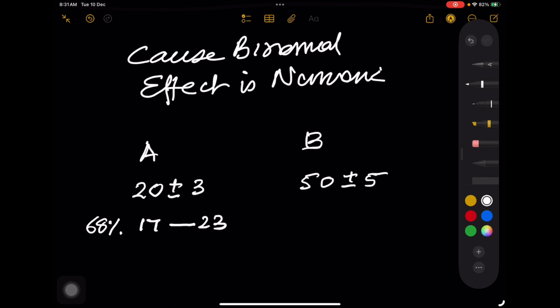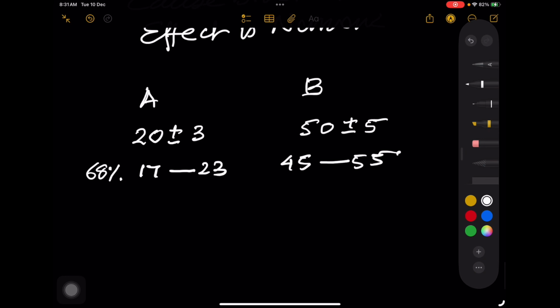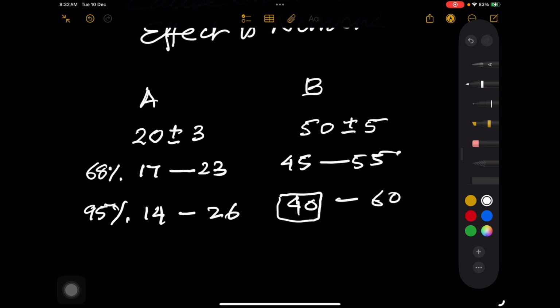Here it will be 45 to 55. 2 standard deviations, 95%. So here 6 will be subtracted from 20, so there will be 14 and 26. And here 10 will be subtracted, so here will be 40 and here it will be 60.